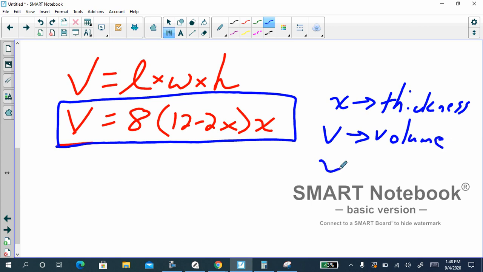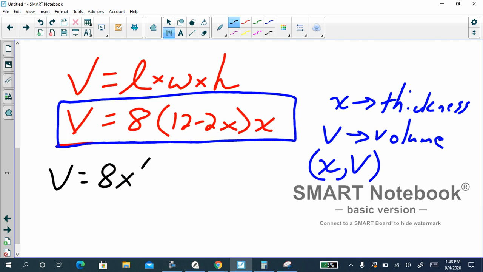So if we were to graph it, in the x direction we would have the thickness, and the y direction we would have the volume. So let's see what this is going to look like. Let's get rid of the parentheses. So I'm going to rearrange this and call this 8 times x, and then times the parentheses.